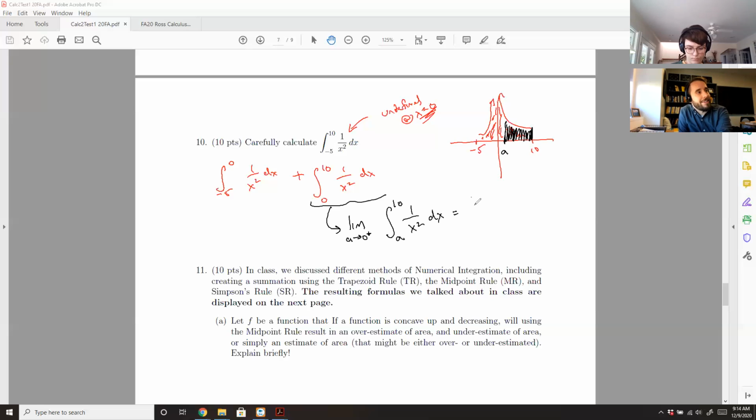When we calculate this, something interesting happens. The antiderivative of 1 over x squared is -1 over x, right? Not ln of x squared, but -1 over x, evaluated from a to 10. So this becomes -1 over 10 minus -1 over a, limit as a goes to 0.